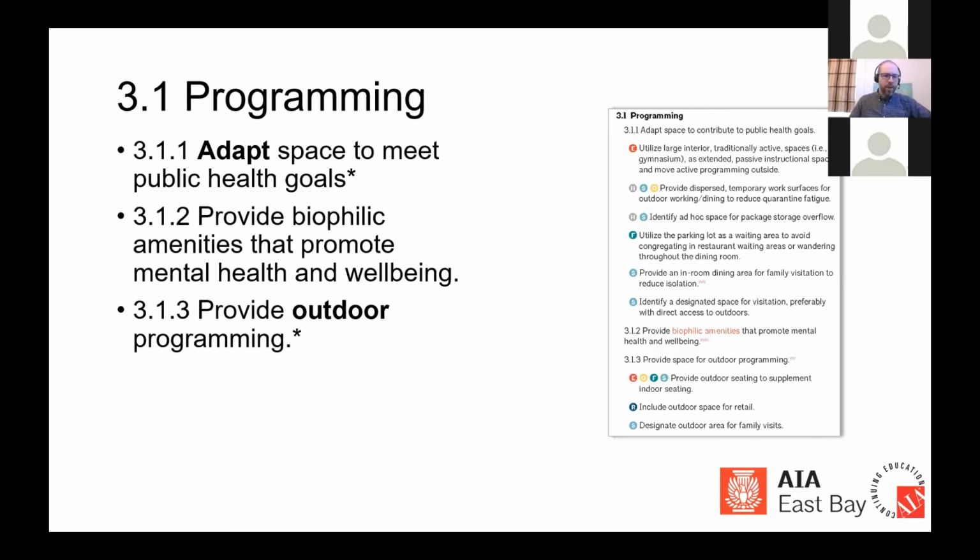So let's see, here we're talking about programming, adapting a space to meet public health goals, providing biophilic amenities that promote mental health and well-being, and then providing outdoor programming. The repurposing of a building and outdoor spaces may include additional confirmations from the AHJs or the landlord, or even the city.